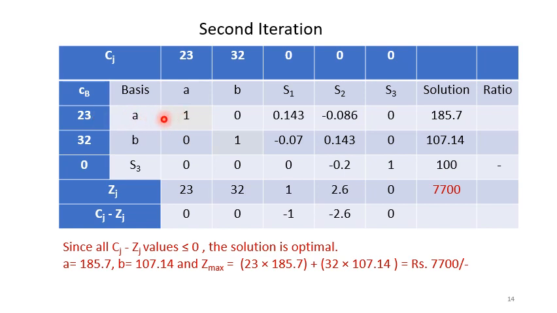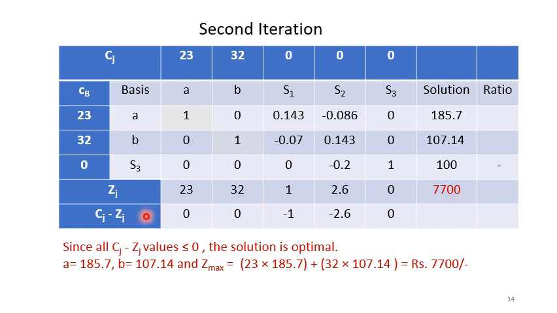When you multiply and add all of that, that ends up as your Zj value. For example, if I take 185.7 into 23 plus 107.14 into 32, that will roughly come to approximately, maybe a decimal place here and there. I have rounded it off, so there may be slight changes depending upon what decimal values you take. Rounded off, it comes to approximately 7,700 here.